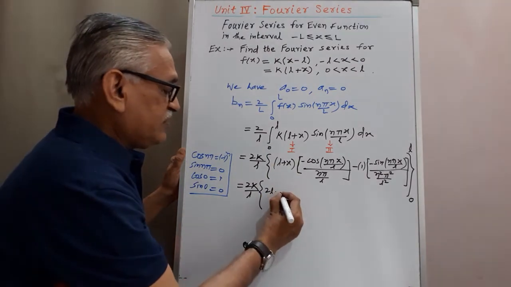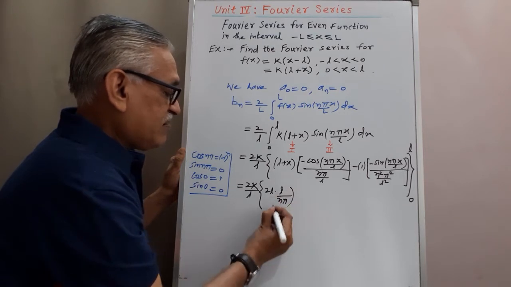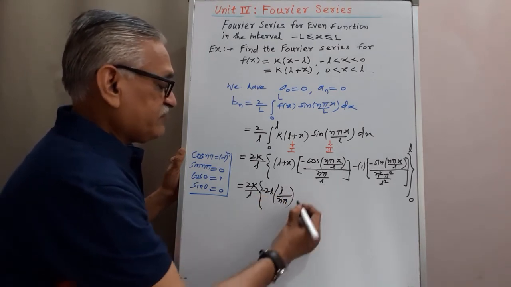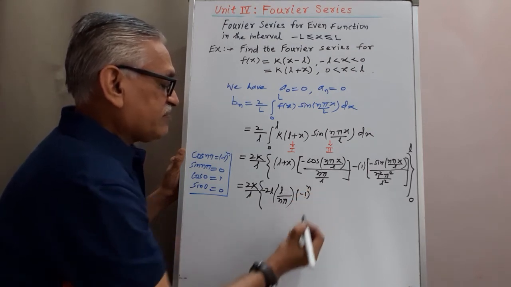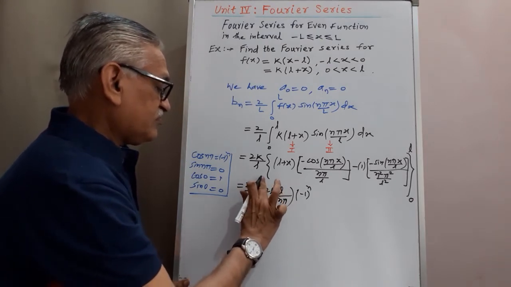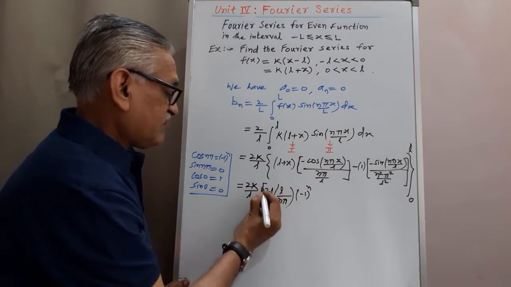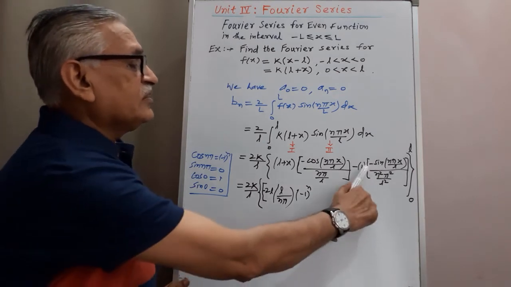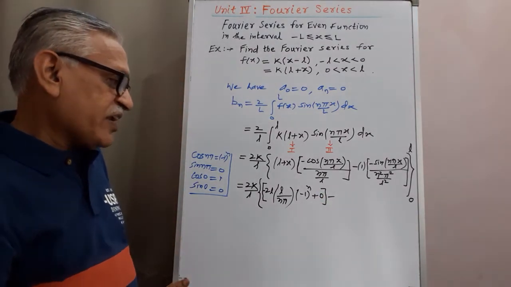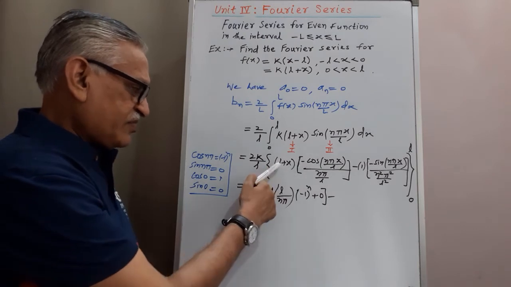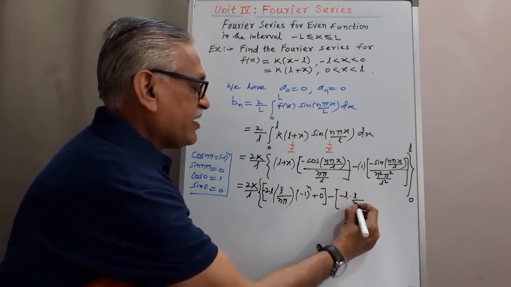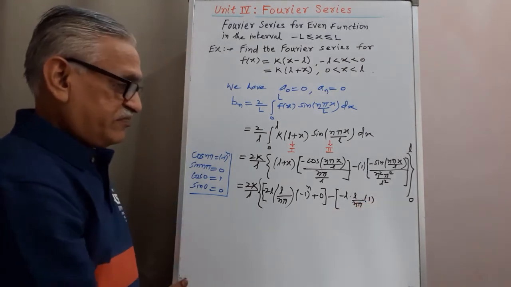L goes to the numerator, therefore it is L/(nπ), cos nπ with the minus sign, therefore −(−1)^n. sin nπ is 0, minus the lower limit, when x is 0, this becomes 0, therefore minus L/(nπ), and cos 0 is 1, and sin 0 is 0.